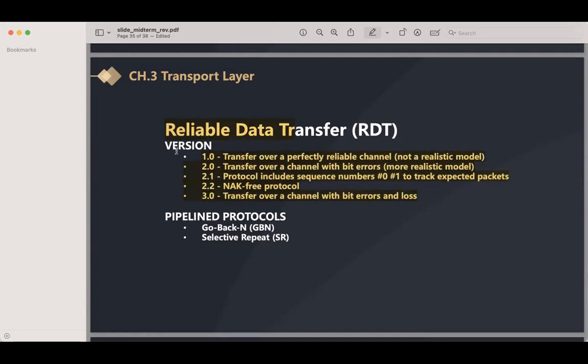So go through the slides and know what is the difference between the versions. The question will always be related to the versions. So it will ask you, what if we are using version 2.2 to send the packets? And what if we are using version 1.0 to send the packets? So you need to know exactly what is the difference between different versions.